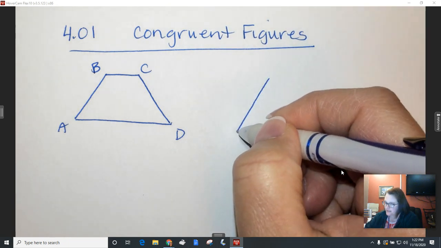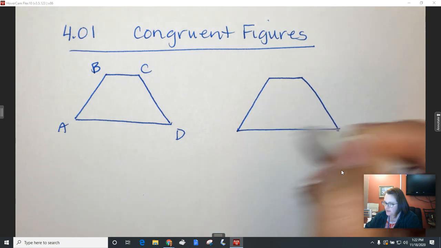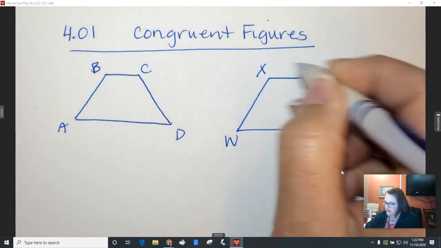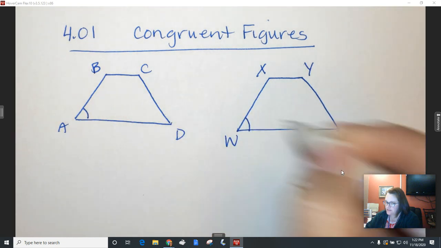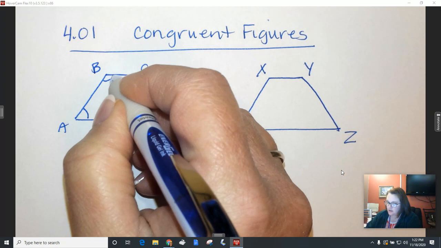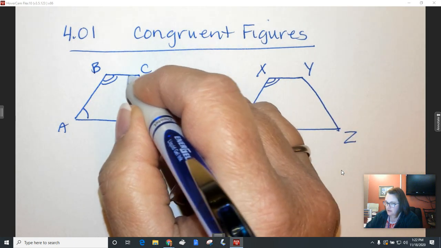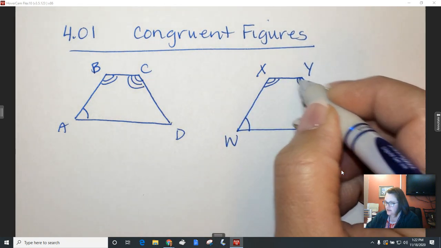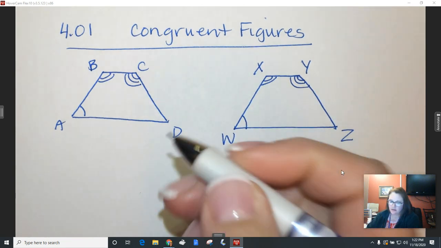and I slide it to the right and rename the points W, X, Y, Z, so that this angle and this angle are the same, this angle and this angle are the same, this angle and this angle are the same, and then the fourth angles are also the same.